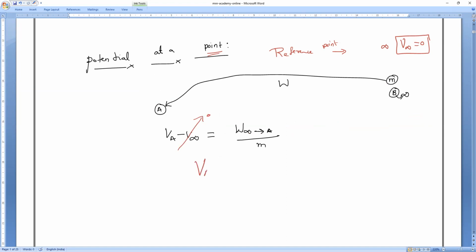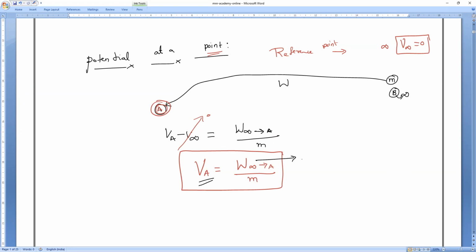So the potential at a given point, any point, is equal to the work done per unit mass in carrying it from infinity to point A. That is what you have to remember. I hope you all are clear, everybody.